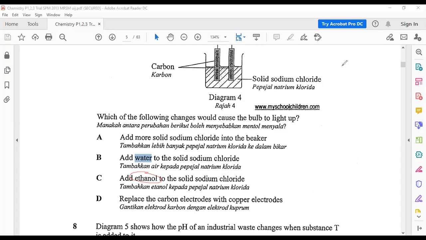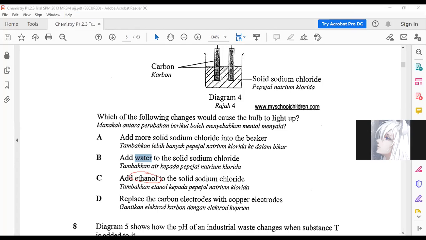Can we hear from one of our friends who can volunteer to tell me your answer? No one. GK, can I hear from you? C2H5OH. Okay, C2H5OH, correct, good.